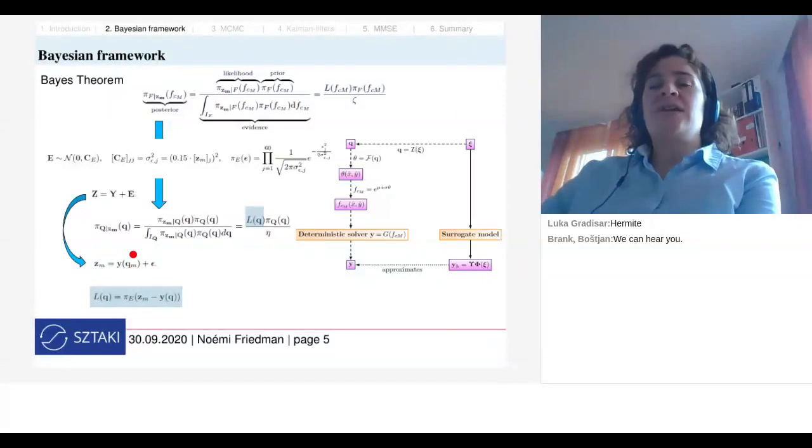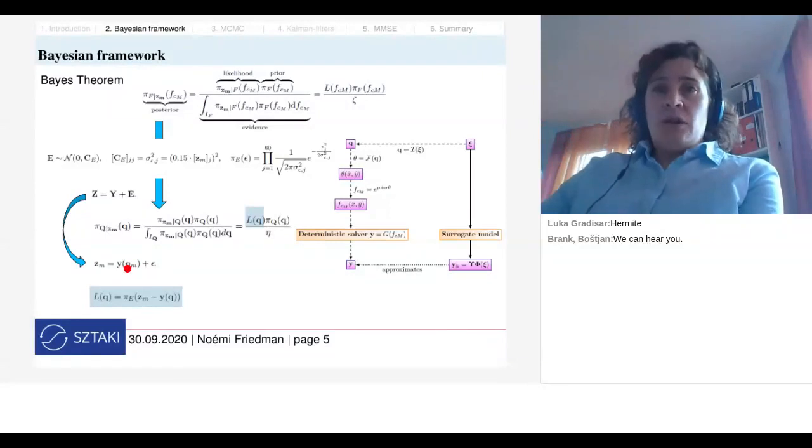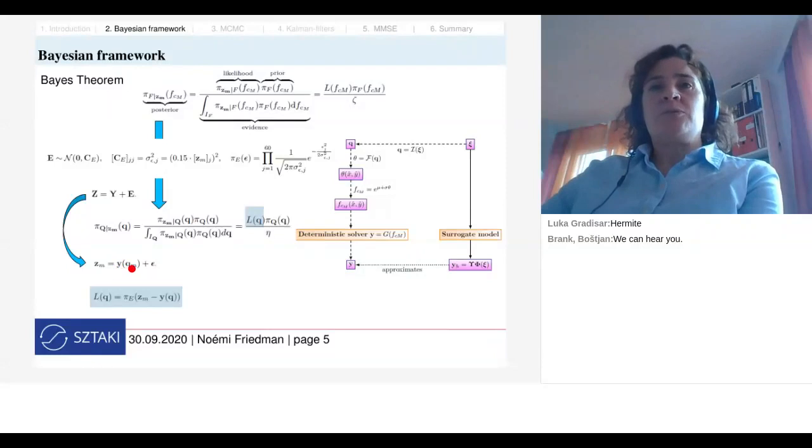Because of the simplifications, the numerical approximations, and all the computational errors from floating point operations, I have some error of this term, which leads me to not exactly getting the true value of the displacement. So there's a modeling error, and there's also a measurement noise.